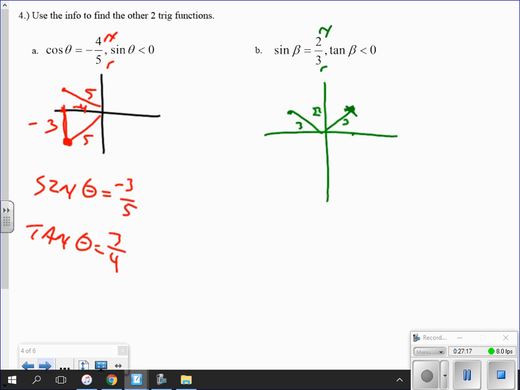If it were this point here, my x-coordinate would be positive, which means I'd have a positive over positive for my tangent. My tangent needs to be negative. So this is the point it has to be. Okay. So I need to figure out what my x-coordinate is. It's √5. Yeah. Okay. Let me draw this a little bigger here.